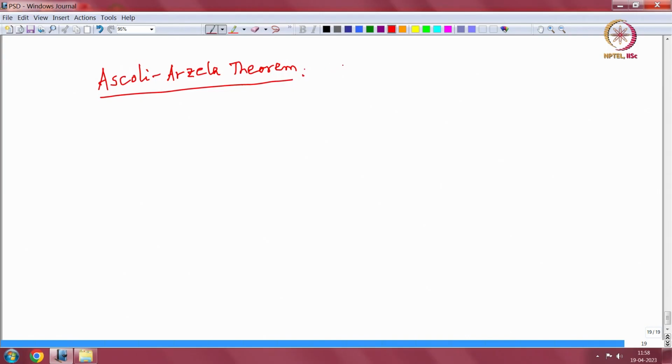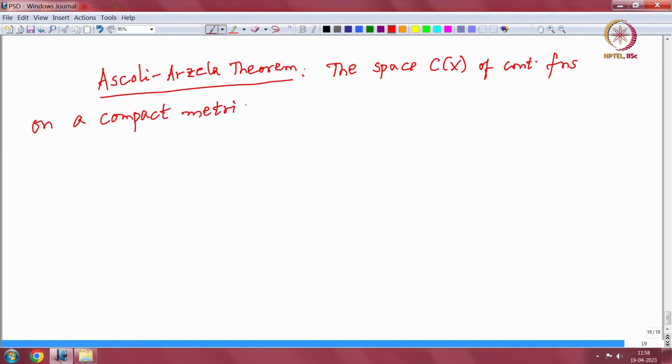The space here is the space of continuous functions, this space C(X) of continuous functions on a compact metric space X, equipped with the sup norm.